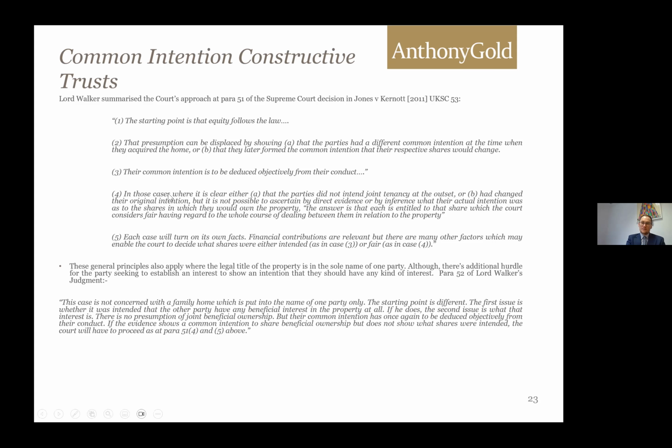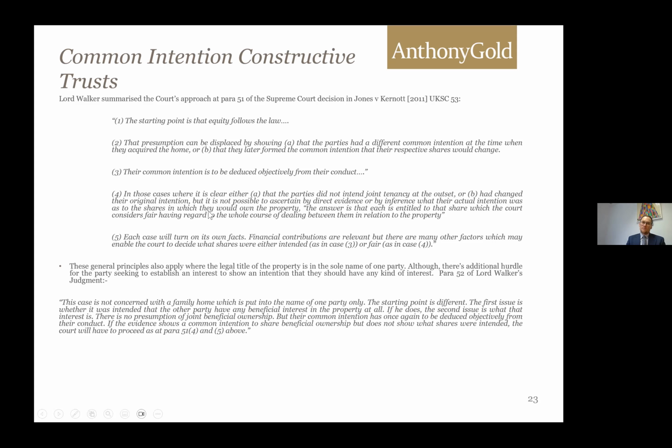And where that doesn't lead to it, as per point 4, the court can potentially impute what the intention or the agreement was based on what it considers fair, having regard to the whole course of dealing in relation to the property.